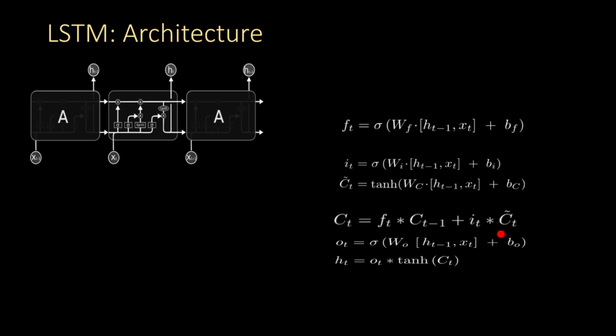Obviously, the candidate memory cell, we have to apply the input gate to, because it's getting input to the present memory cell. And c_{t-1}, the past time step's memory cell, needs a forget gate to apply to it, because there may be information that we don't want to carry over to the present time step.